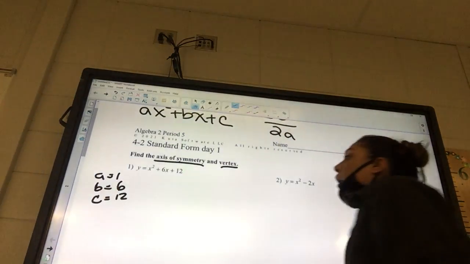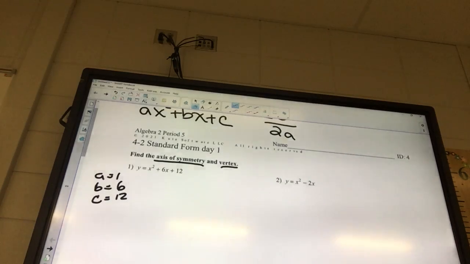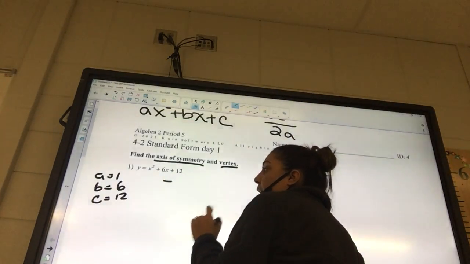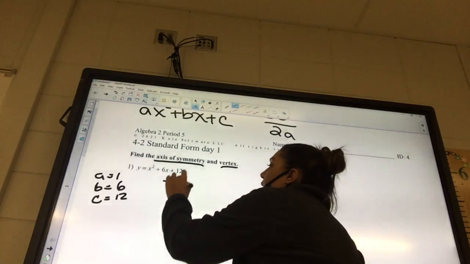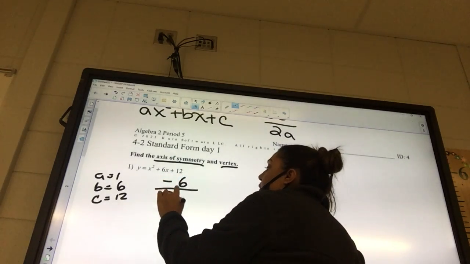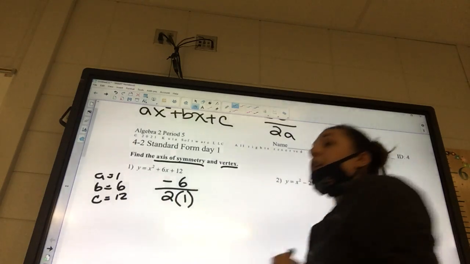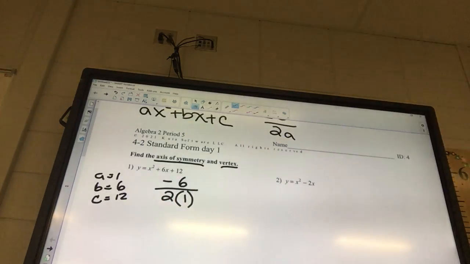Okay, so to find the vertex, you always find the vertex first. Okay, so to find the vertex, we got to use that formula. Negative b over 2a. So we got negative, what's our b? 6 over 2, and what's our a? 1. Okay, and so you can hit that fraction button on your calculator and type it in exactly how you see it on my board. Negative 6 over 2.